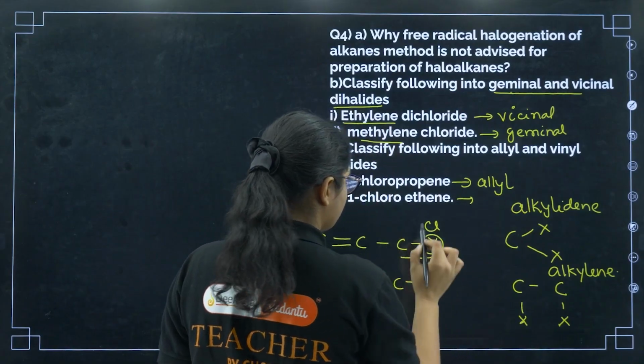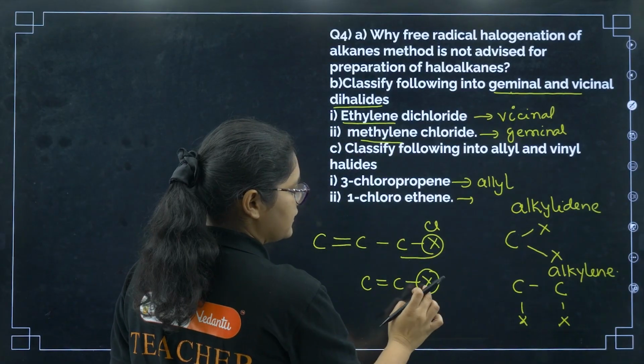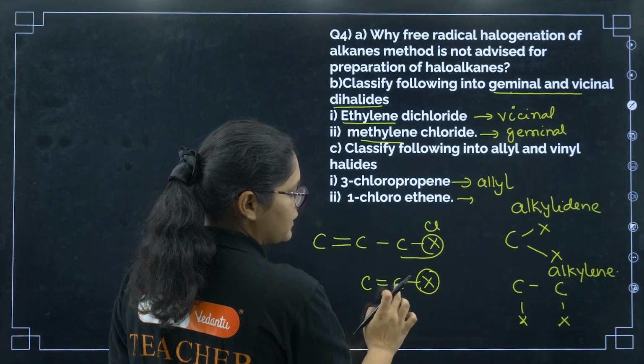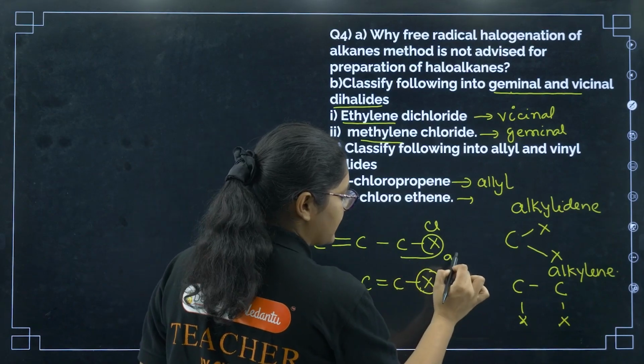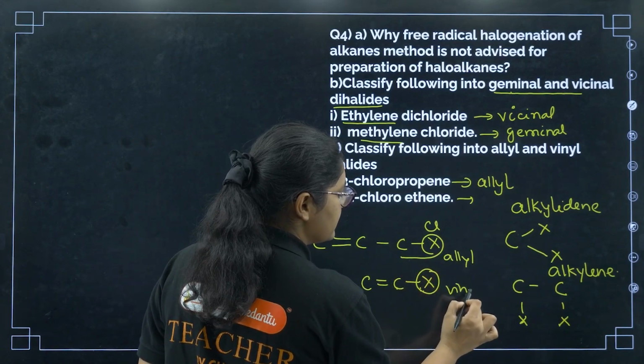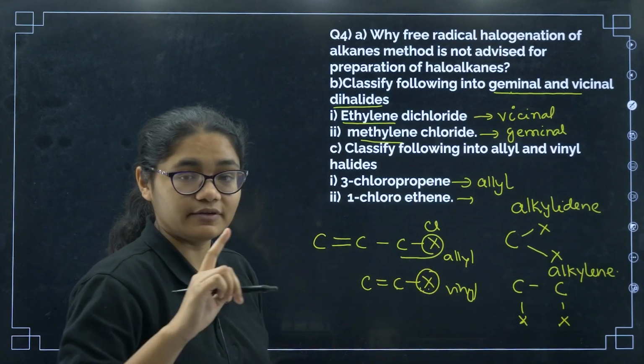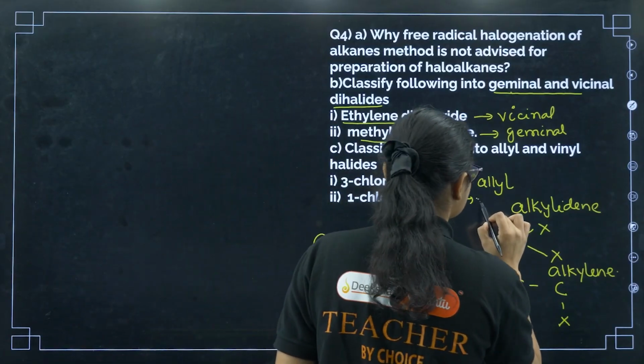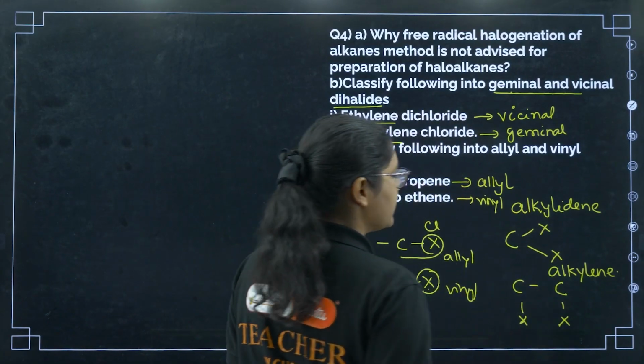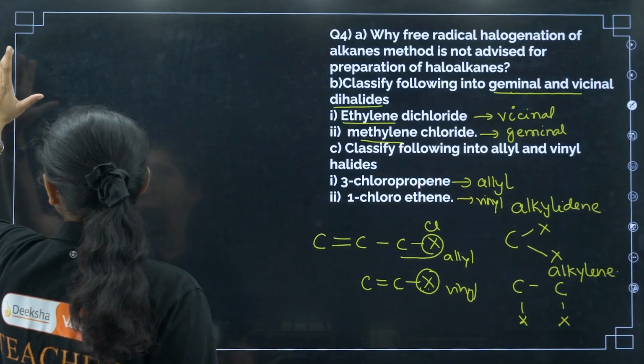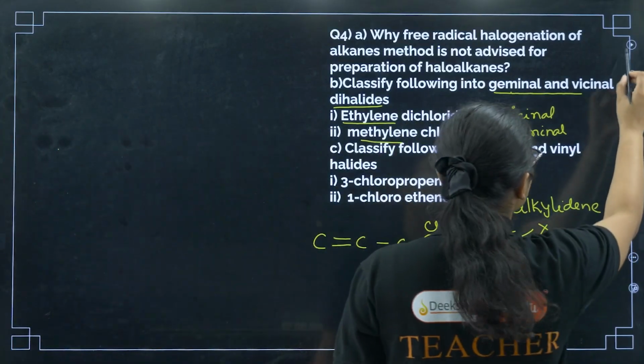And if I have 1-chloropropene or chloroethene, where X is attached to the carbon which is having the double bond, then this one is your vinyl. Okay, clear? So let's see the answers now quickly.